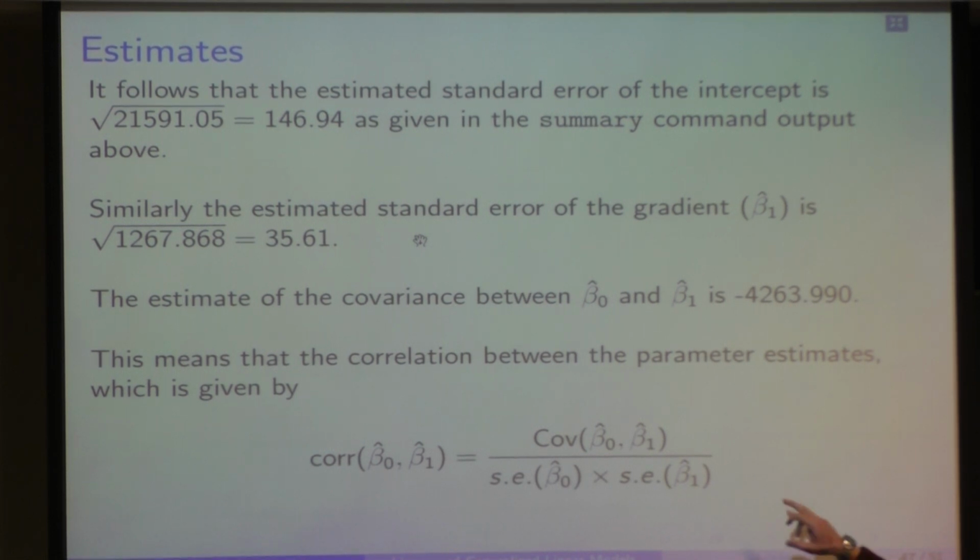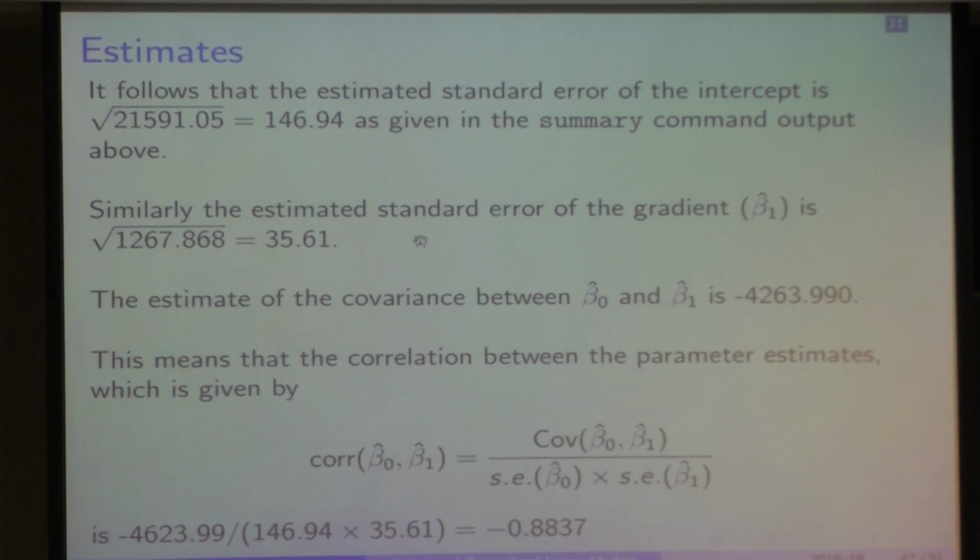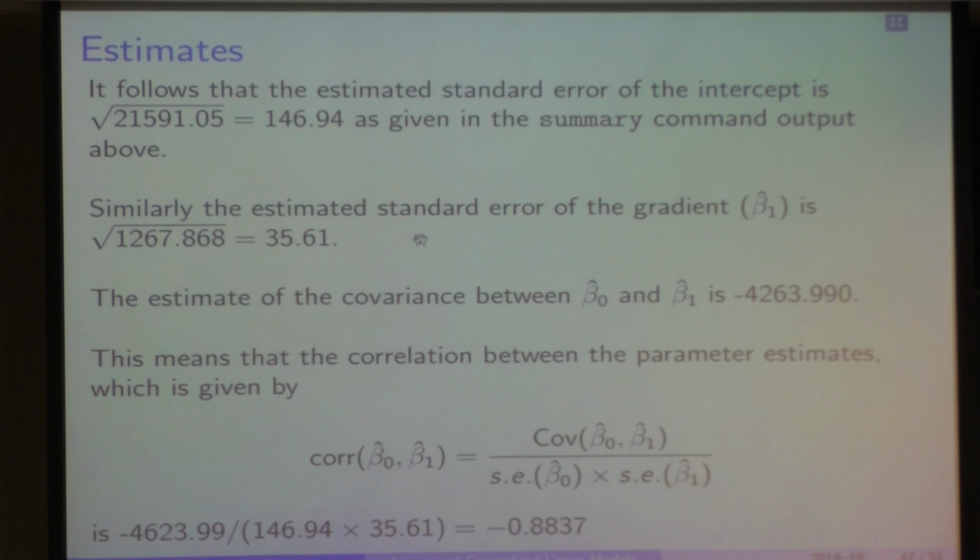And that turns out to be minus 0.8837. So you can do that calculation using the numbers in the matrix on the previous slide. So that means that there's quite a striking negative correlation between the estimate of the gradient and the estimate of the intercept. And I will very briefly try to explain why you might expect that to be the case.